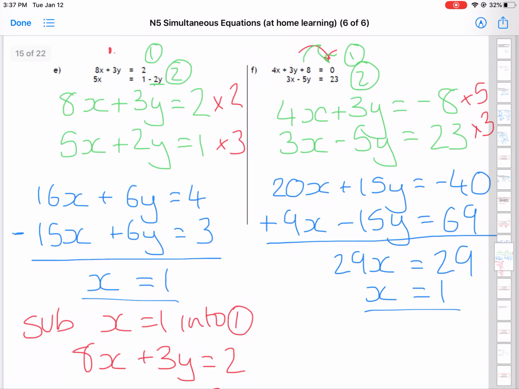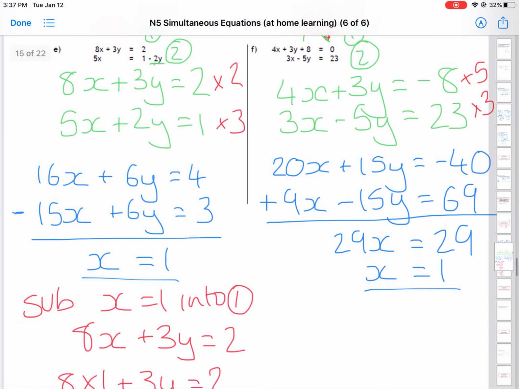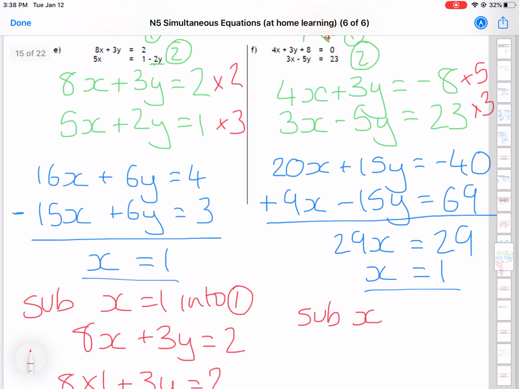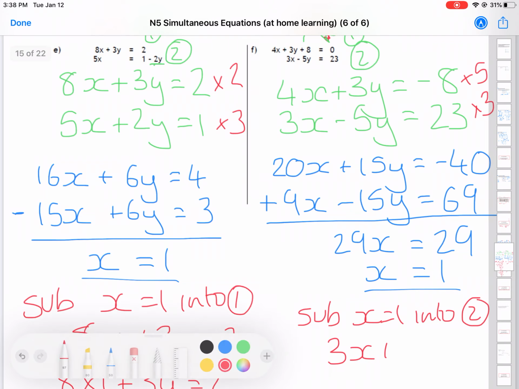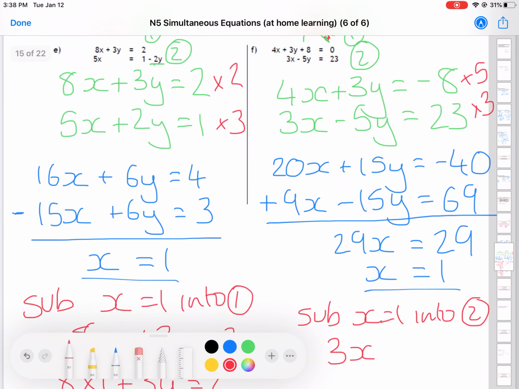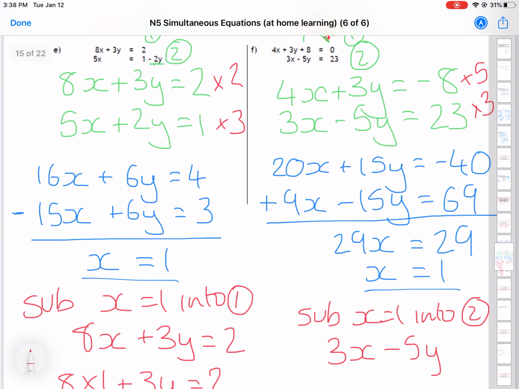And we're going to again take the x equals 1, substitute it into one of the equations. I am going to use sub x equals 1 into equation 2. Now, equation 2 was 3x minus 5y equals 23.